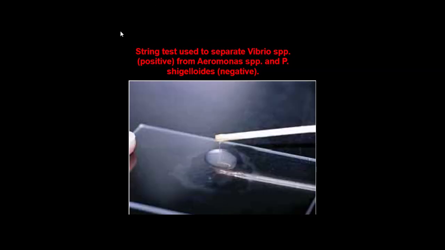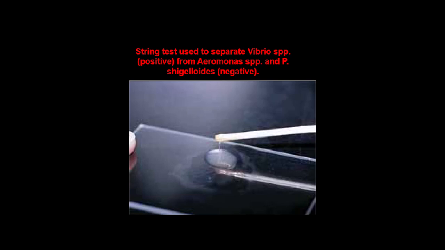The other tests that we can do in the lab to differentiate Vibrio cholerae from other pathogens, like Aeromonas, for example, is what we call the string test.